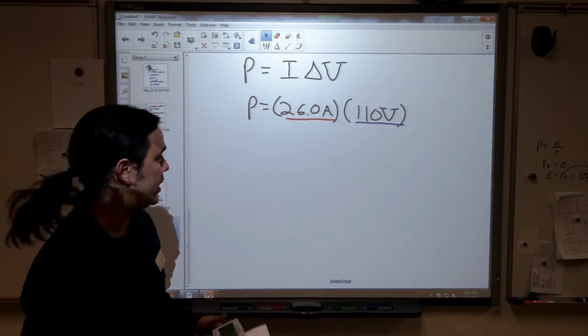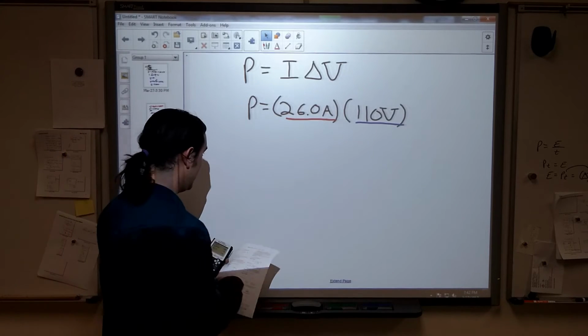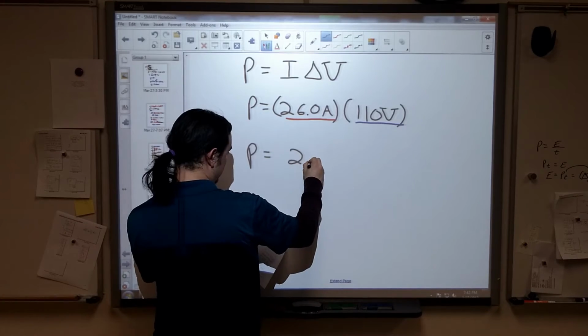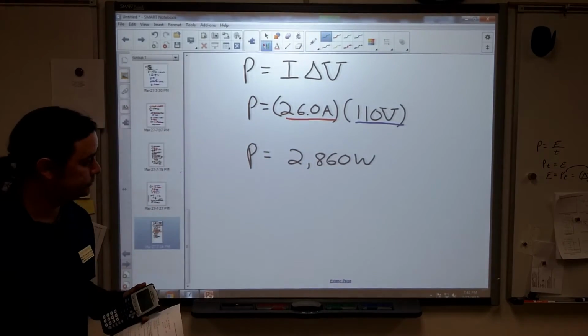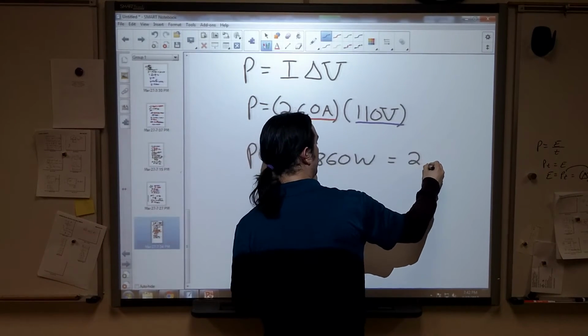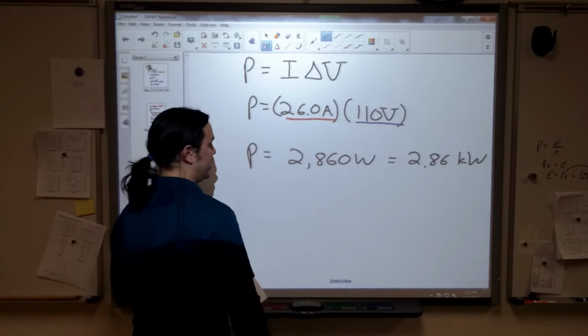I multiply these out, and we find that the power, 26 times 110, is, well, this is noticeably different from the stereo. 2,860 watts. Okay? We could also convert this over now into 2.86 kilowatts, dividing by 1,000.